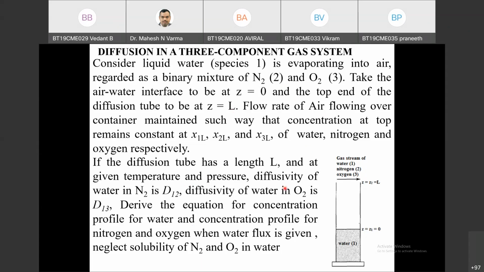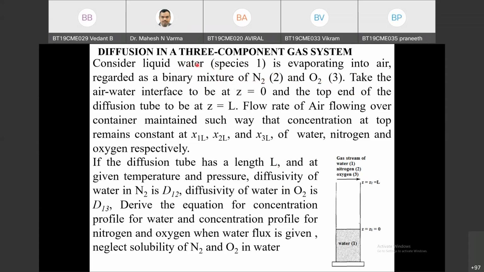In the previous problem, water had the same diffusivity in nitrogen and oxygen, so nitrogen and oxygen were treated as the same species as far as mass transfer of water is concerned.